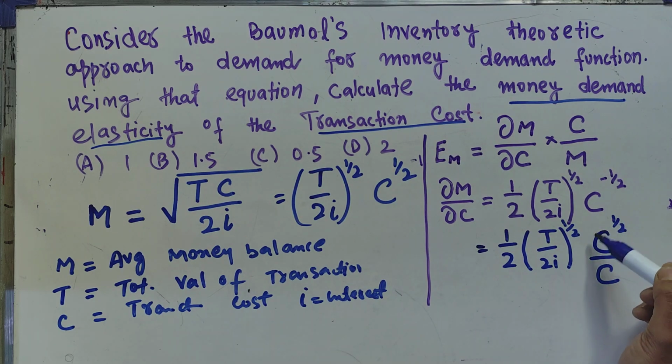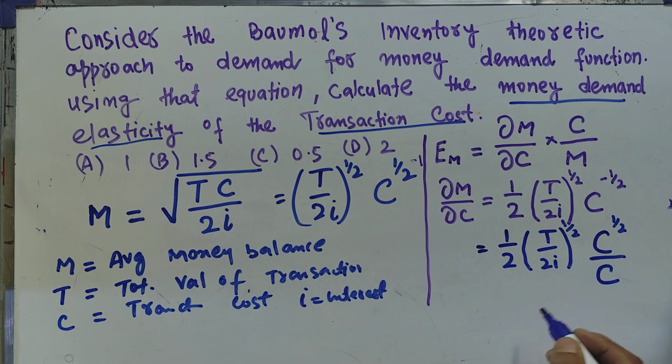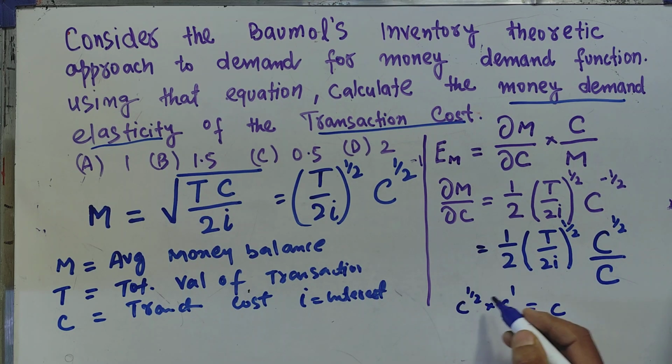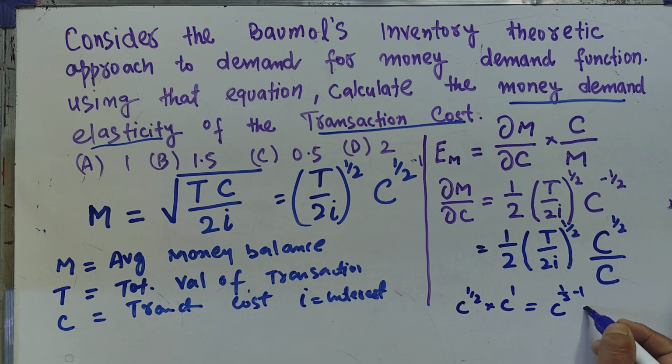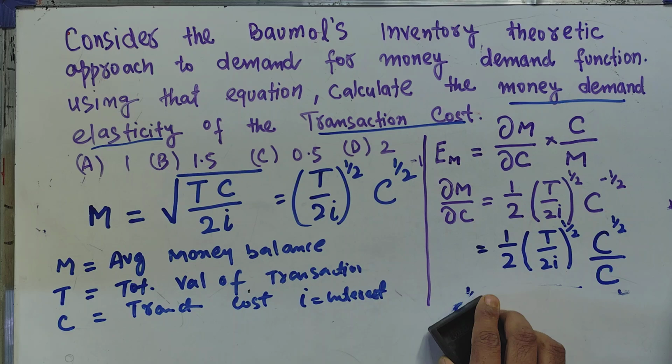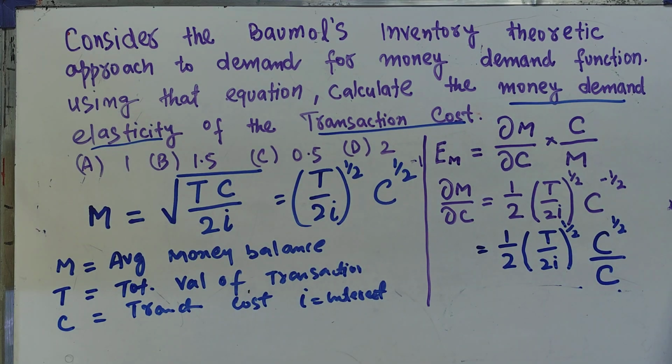So let me show how it sums up to that. If I rewrite this, we have C raised to the power 1 upon 2, transpose this C from the denominator, so bases are the same, we will get 1 upon 2 minus 1, which is again C raised to the power 1 upon 2 but negative. Okay, I have done this purposely, so let me show the purpose here.